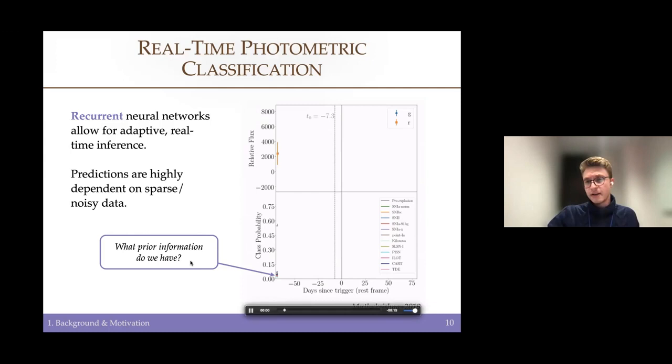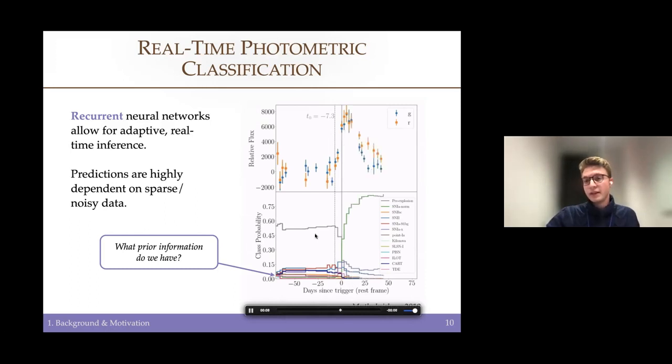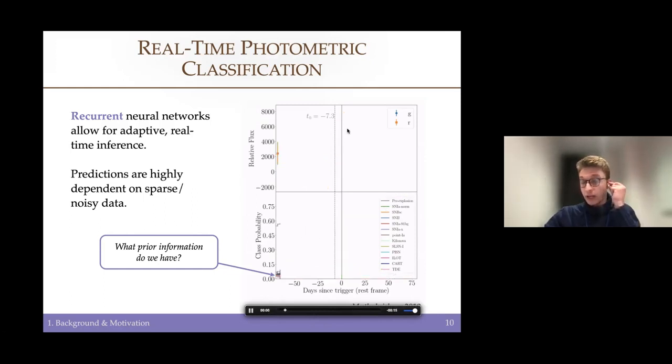And so here's a video from the RAPID website showing simulated ZTF observations relative to trigger. And you see that you belong to this pre-explosion class up until trigger. And when you start getting some real observations from the event, then all of a sudden your probability of belonging to a traditional type Ia supernova jumps up here.